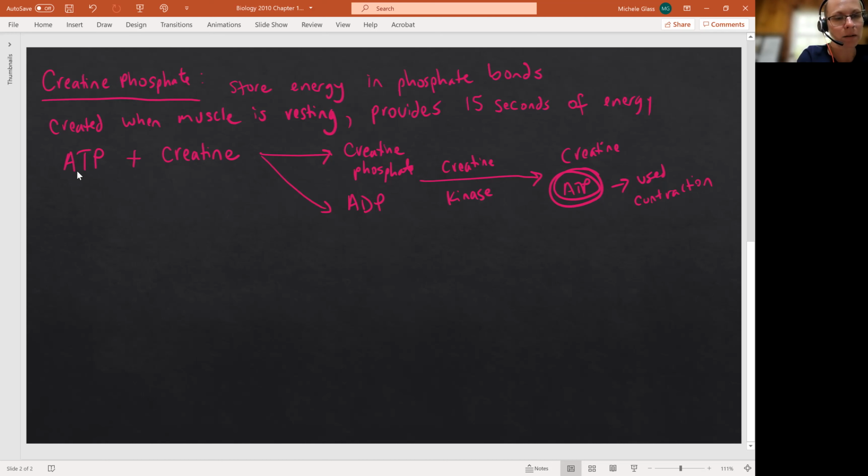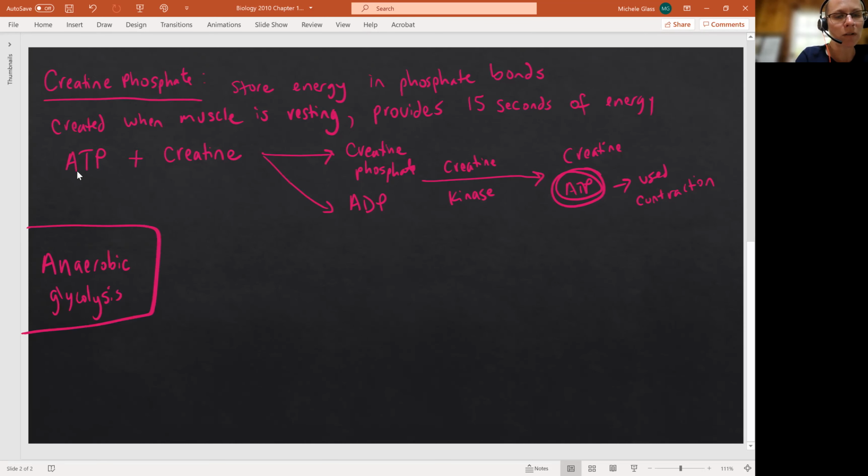The next description we had was anaerobic glycolysis. And the key feature of anaerobic glycolysis is that there's no oxygen being required for this particular process. This is happening in the cytoplasm.